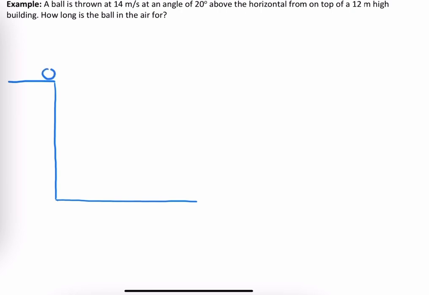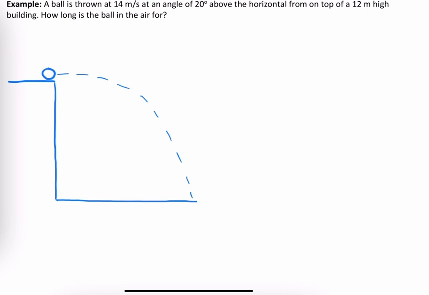The ball was up here. And in the last lesson, the ball was thrown horizontally. So initially, for that first instant, it was moving only to the right. And then as time passed, gravity acted on it and caused it to curve down towards the ground.